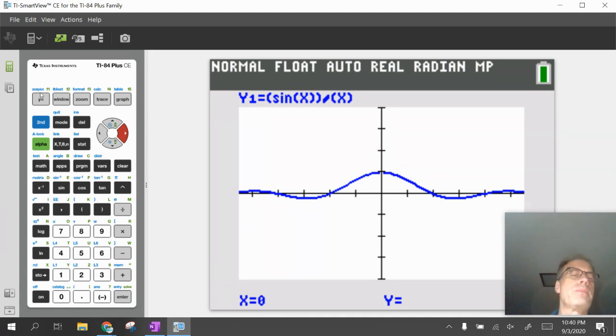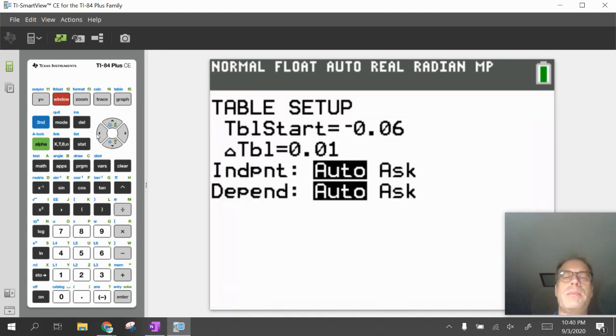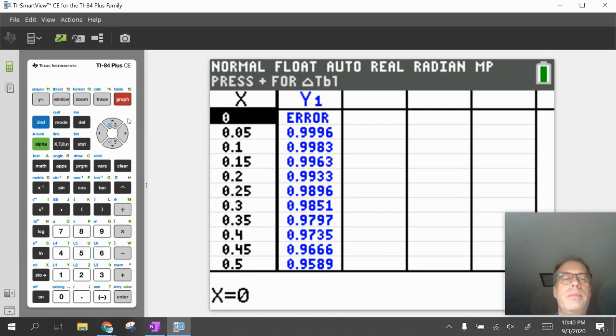I also want to show you something else on your calculator. Please do me a favor and follow carefully. We're going to hit second, window, which pulls up the table set. And what we're going to do is start at, say, 0, and let's go up by, I don't know, let's say 0.05. And now I hit table. I'm going to go second, graph, which pulls up the table.